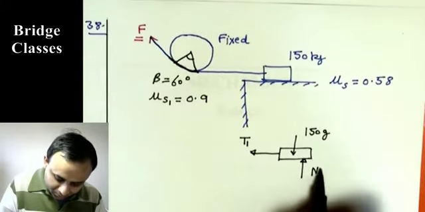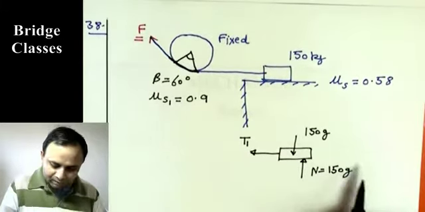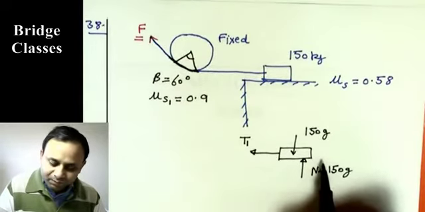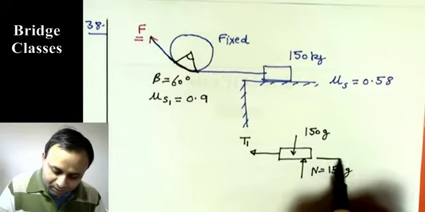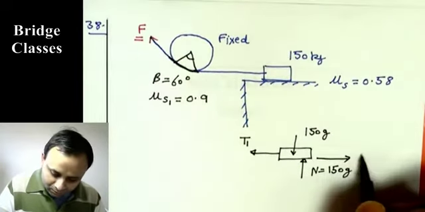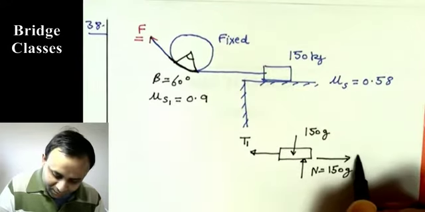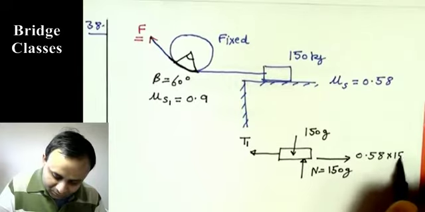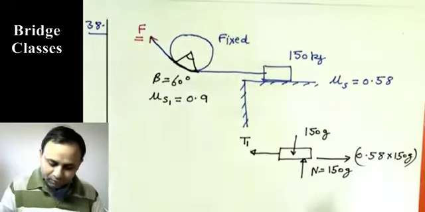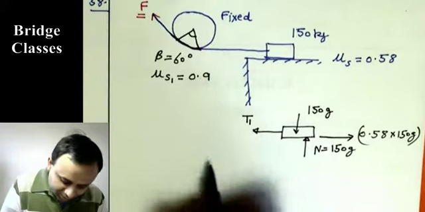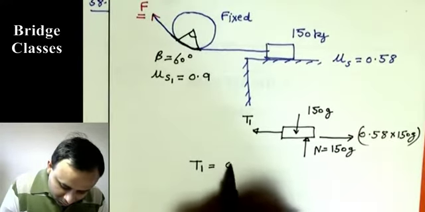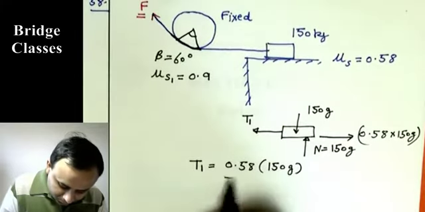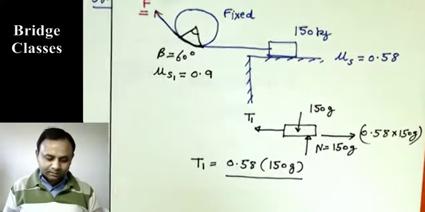Normal reaction N will be 150 g, and if it is about to move, then the frictional force will be mu s N in the opposite direction. This will be 0.58 times 150 g. So you get T1 is 0.58 times 150 g.